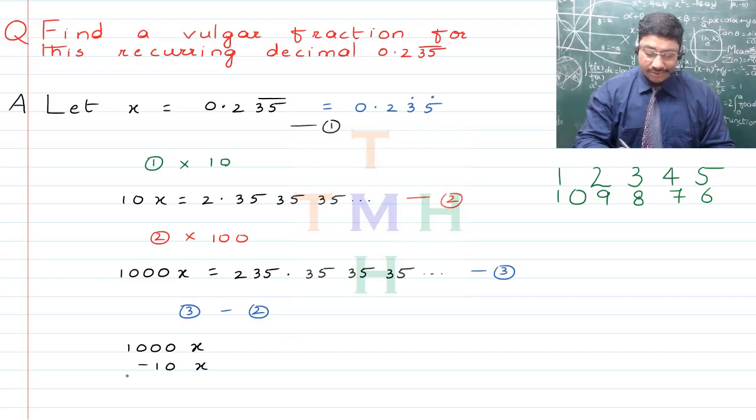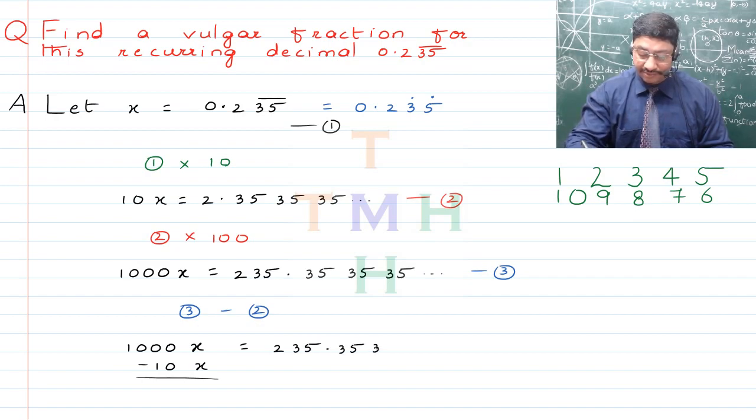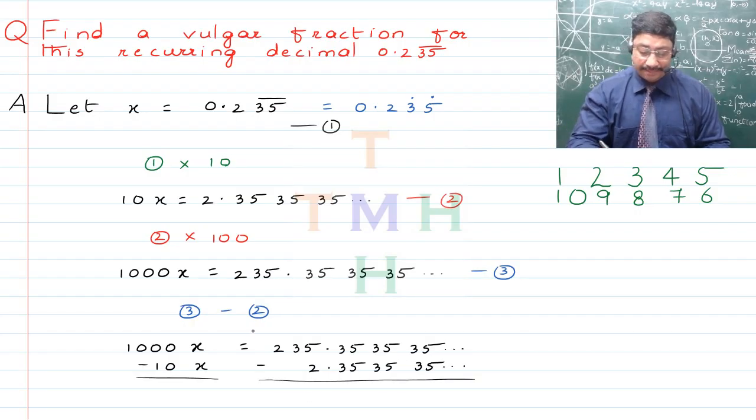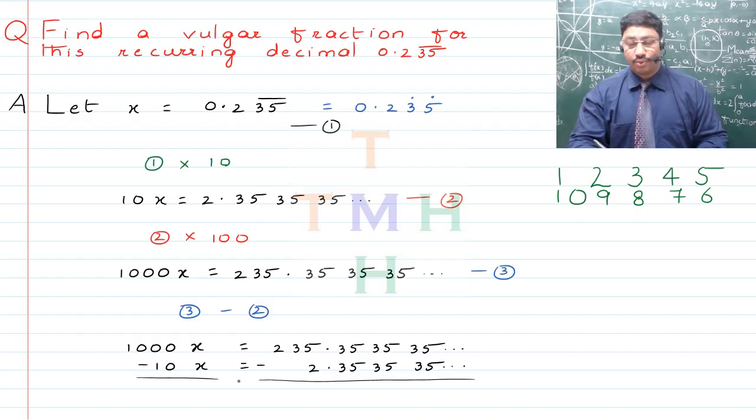And on the right hand side, you have 235.353535, minus the number on the right hand side of equation number 2, that is 2.353535. And remember, children, all of this continues up to infinity. 3 dots shows that this is going to continue in the same way up to you never know when, right?